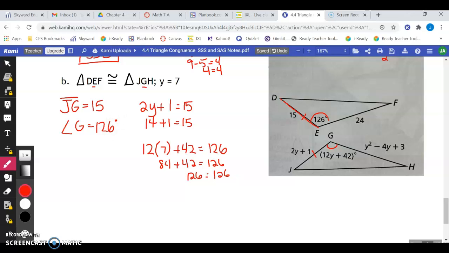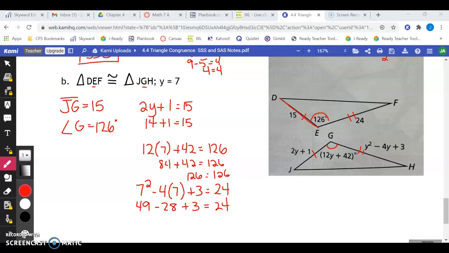And then our other side is 24, FE, and those are the last two in that triangle listed, and GH is the last two in the other triangle, so that's this one. They're saying if we take y squared, so that would be 7 squared minus 4 times y, which is 7, plus 3, we're going to get 24. So this would be 49 minus 28 plus 3 is equal to 24.